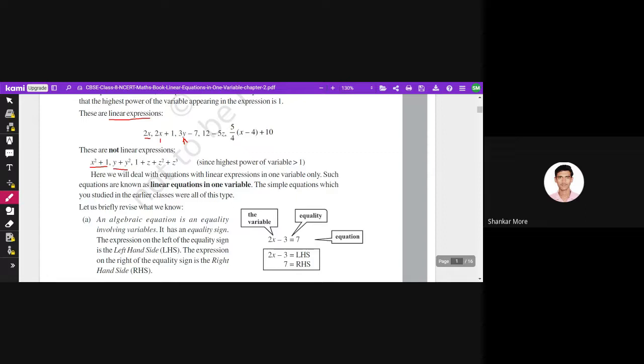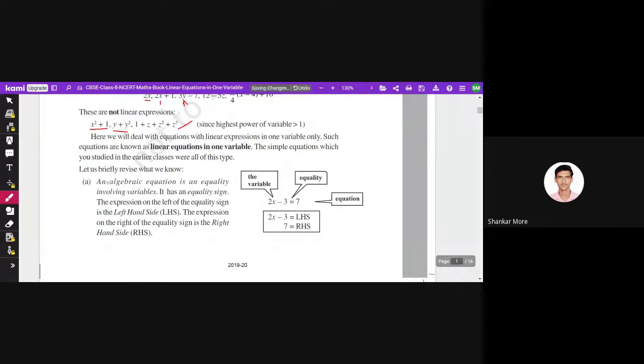Since the highest power of the variable is greater than 1. Yeah, the power is 2, and for the third expression the highest power is 3 also, right? So that's why it is not a linear expression, because the power is more than 1, correct.